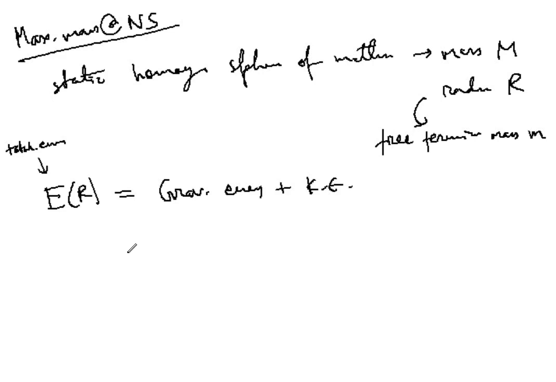So let us write it down: E gravity plus E kinetic, and this is simply minus G m by r plus the E kinetic term. Now let us try to find the energy of a particle.